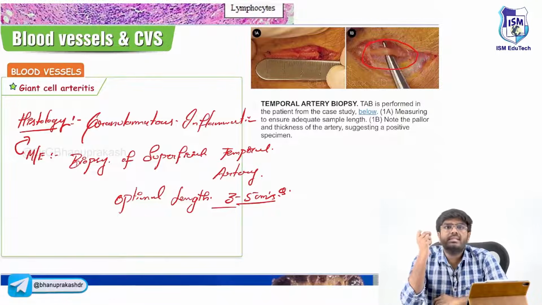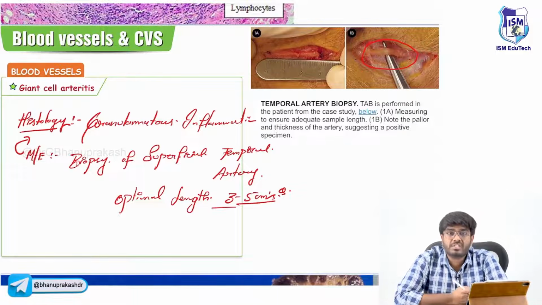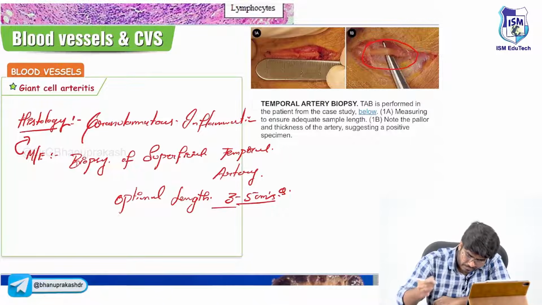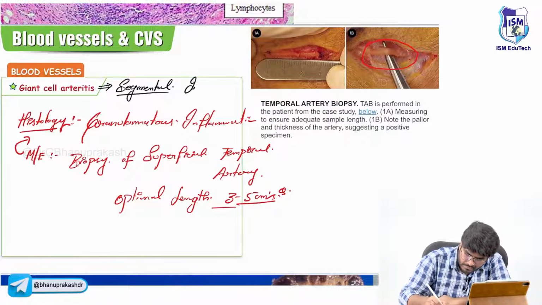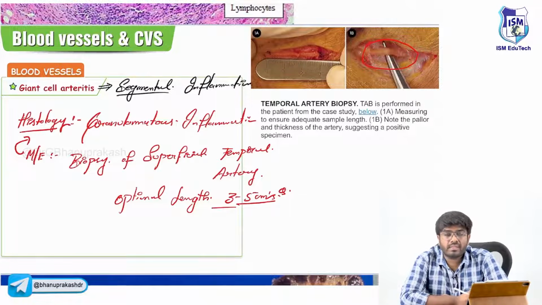It's because, see, there is inflammation, the superficial temporal artery is involved. But do you think there is continuous inflammation? There is not continuous inflammation. There is segmental inflammation, MCQ. In giant cell arteritis, it's a segmental inflammation of the temporal arteries.